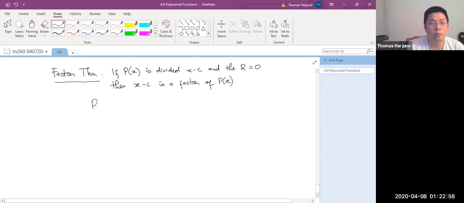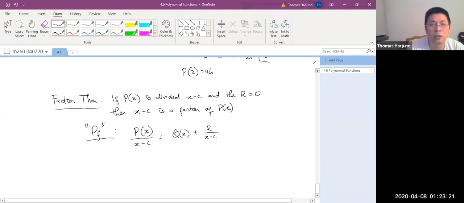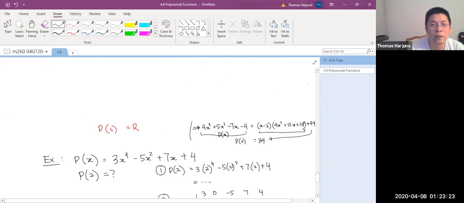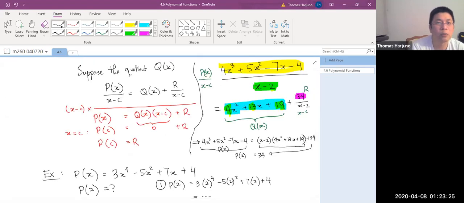The idea, or quote unquote the proof: we know from the division algorithm, P(x) divided by x minus c equals Q(x) plus r over x minus c. That's something we have earlier.